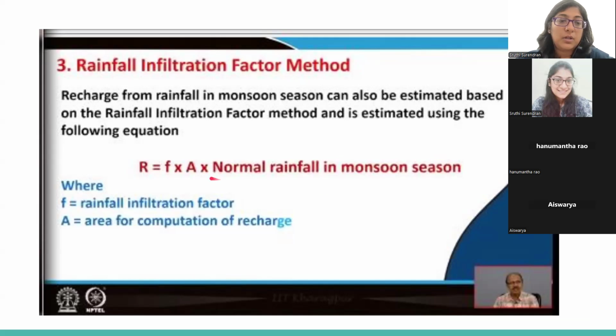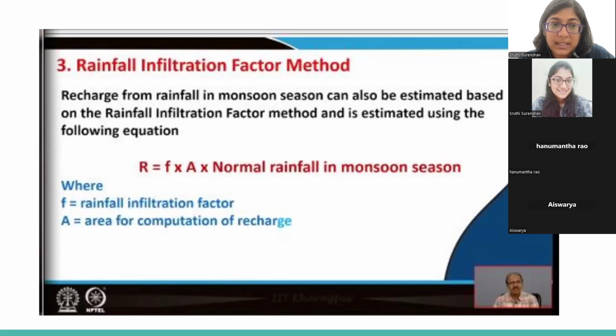So that value is multiplied by the area for which the recharge is to be computed and by this infiltration factor, which will be provided to you if there's a problem related to this. The rainfall infiltration factor is dependent on a lot of factors like the soil property, the vegetation, everything.